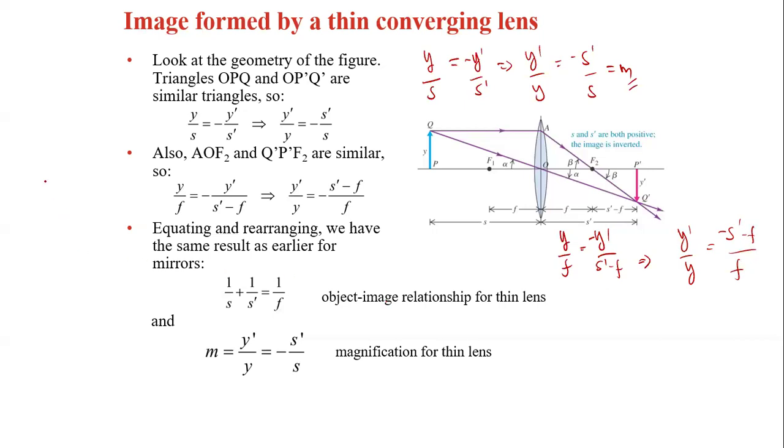If we equate these two, we have negative s prime over s equal to negative s prime minus f over f. It looks like this: negative s prime over f plus 1.